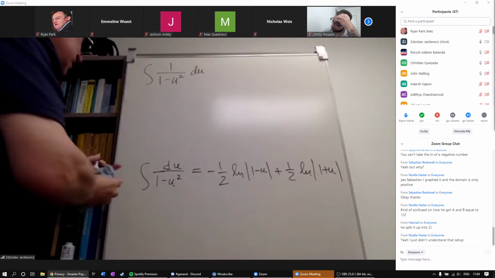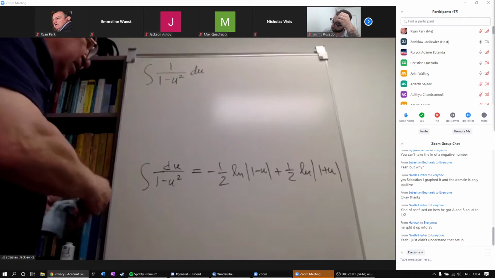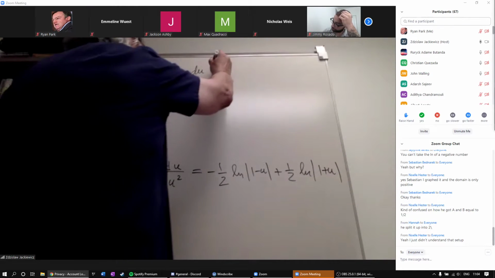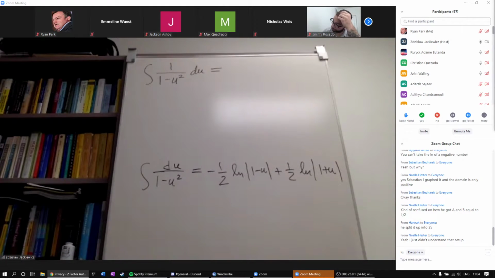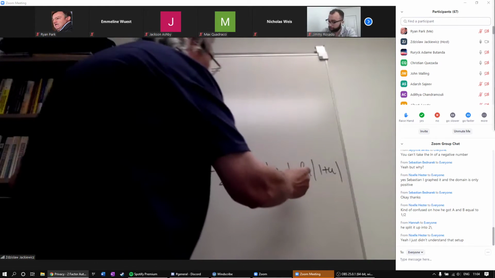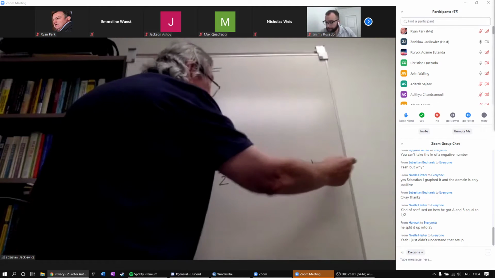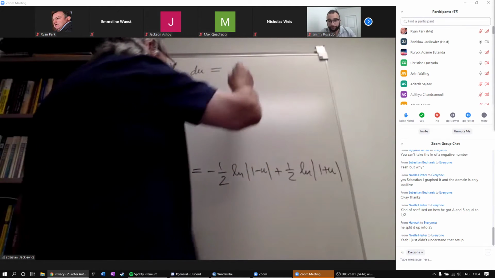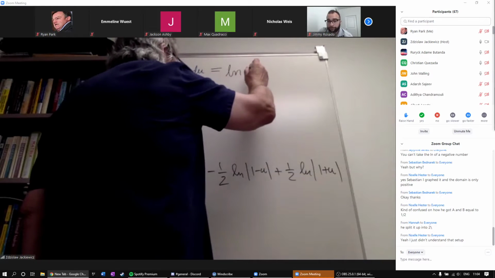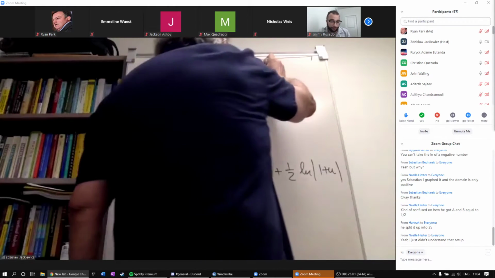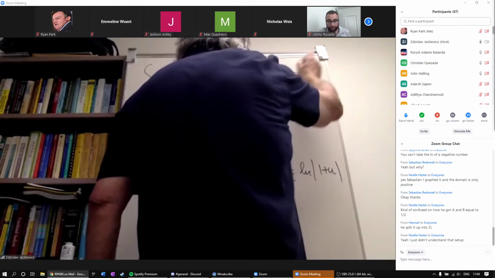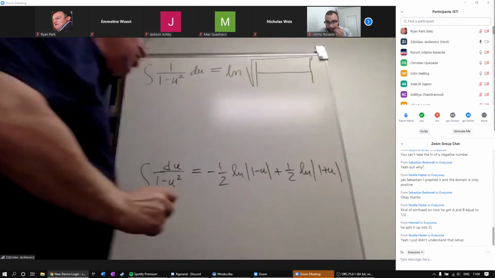So, in other words, this integral is, let me put it here. Well, under one logarithm, so we can put 1/2 under, so it will be a square root, and then under one logarithm you have ln square root absolute value 1 plus u.